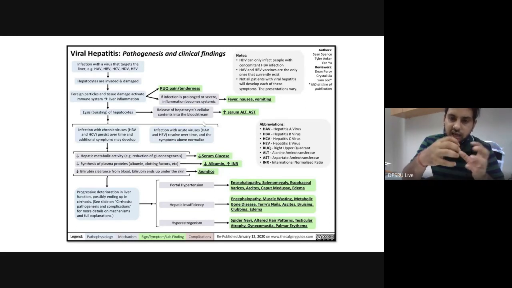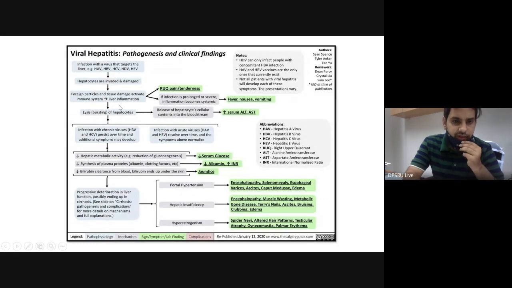When liver cells are lysed, specific enzymes are released, which we call ALT and AST enzymes, SGPT and SGOT. When you measure them in serum, you will find their level is increased. So if someone goes for a blood test and their ALT and AST levels are increased, what does it indicate? It indicates there is an injury in the liver cells, right?